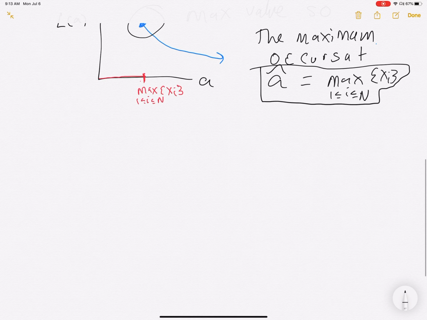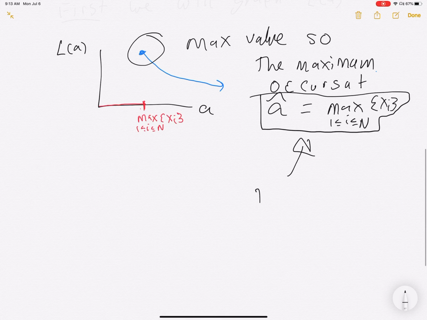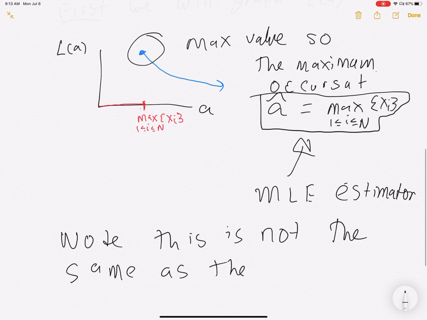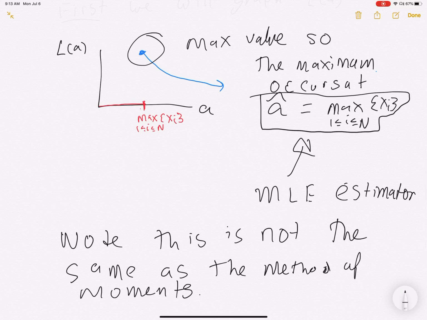So this is the MLE estimator. And note, this is not the same as the method of moments. Okay, so there you have it. There's the maximum likelihood estimate.